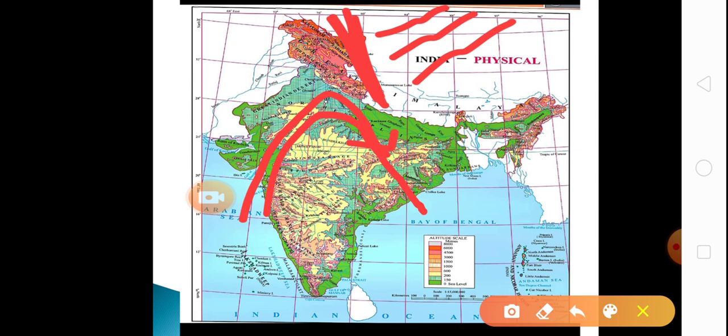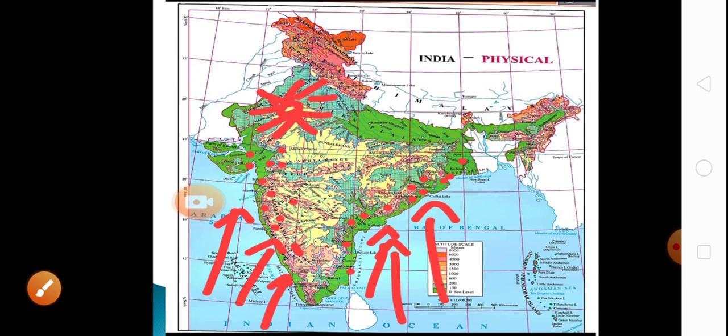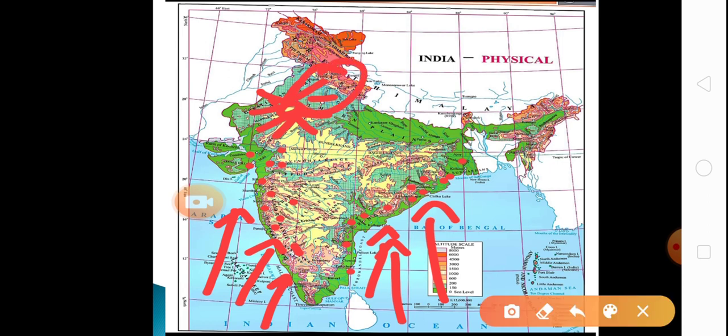Because of high temperature in summer, a low pressure develops in Punjab plains and Thar desert of Rajasthan, because of which the winds are attracted from the Indian Ocean towards the mainland of India, causing rainfall.